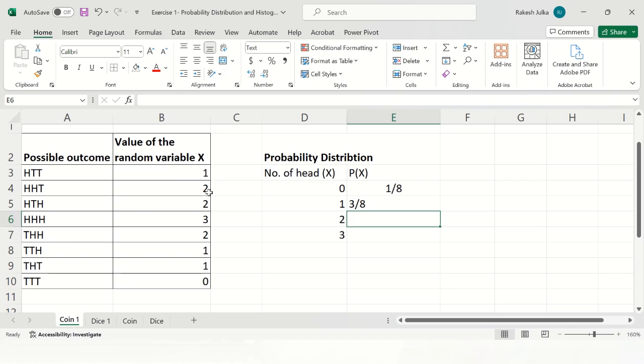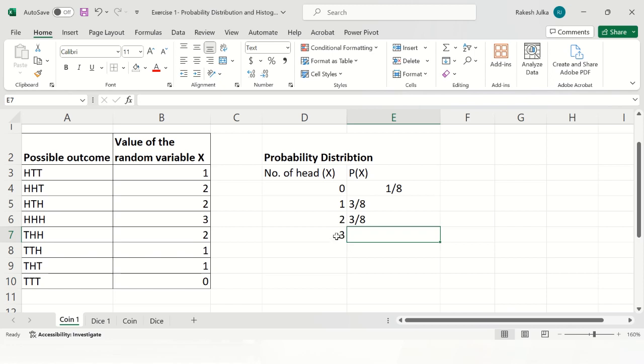It means there is a possibility that 3 times heads can come 2 times out of 3. So what I'm going to write here is 2 means 2 heads, 1, 2, and 3. So 3 divided by 8 means 3 out of 8.